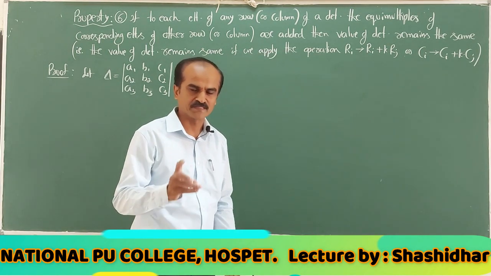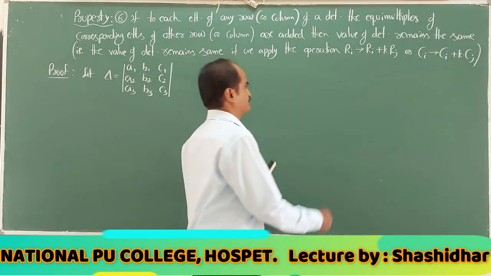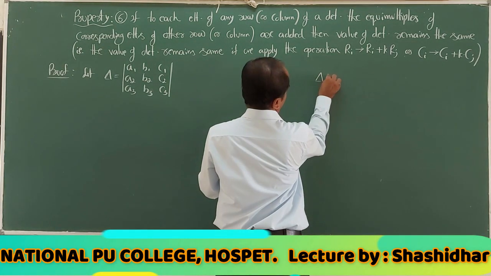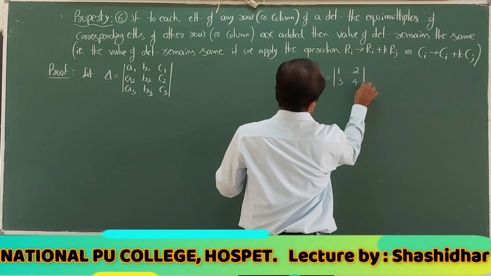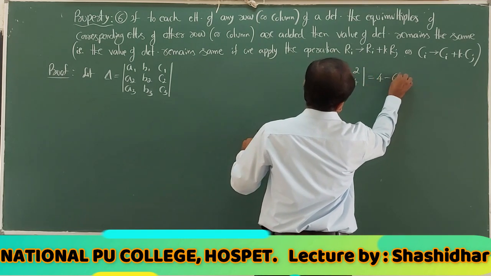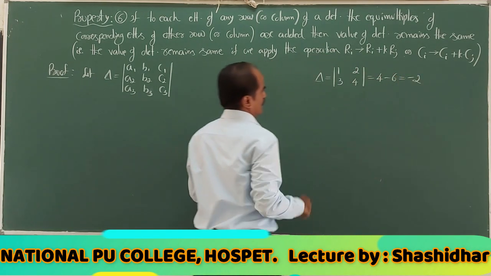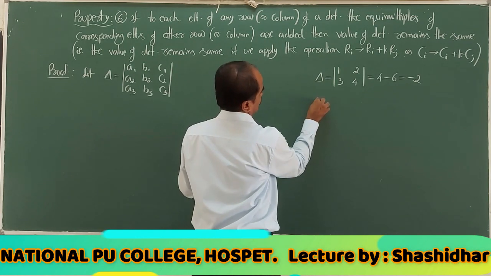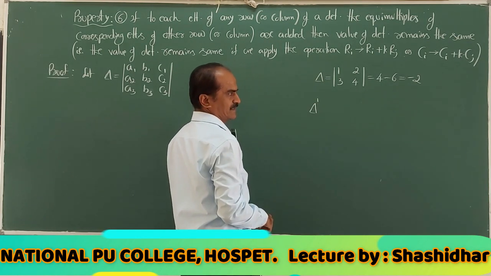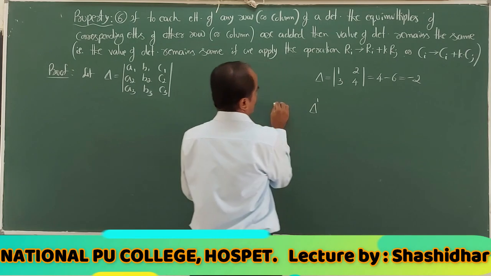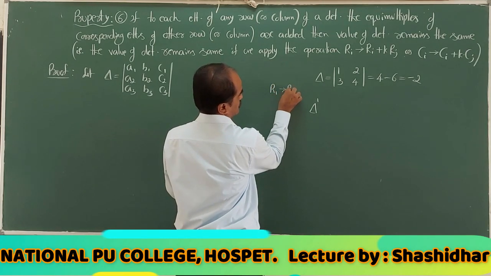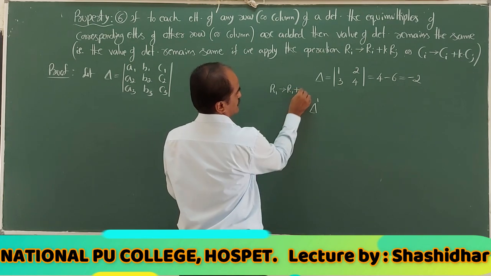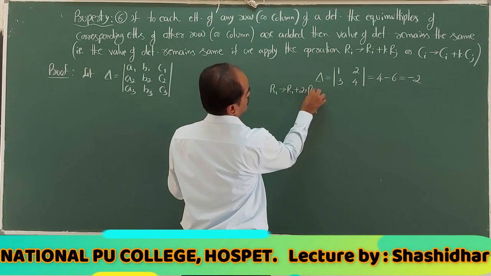First, let me explain by taking an example. Say delta, as usual I take the simple one, 1, 2, 3, 4, and its value is minus 2. Now, delta dash is obtained by doing the row operation, say R1 changes to R1 plus 2 times R2.